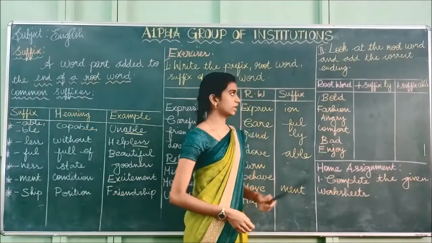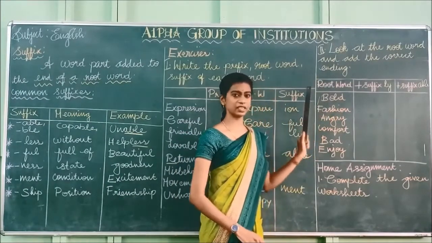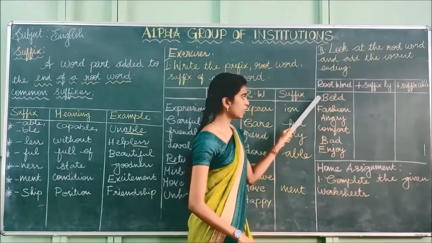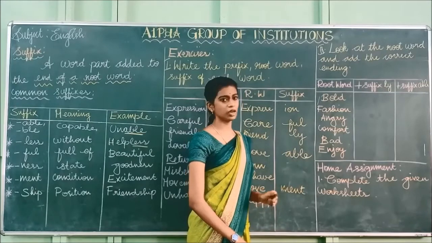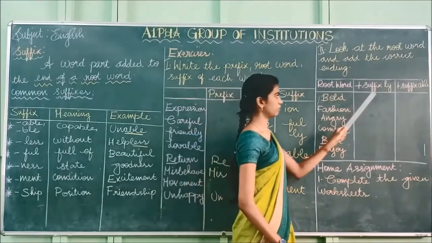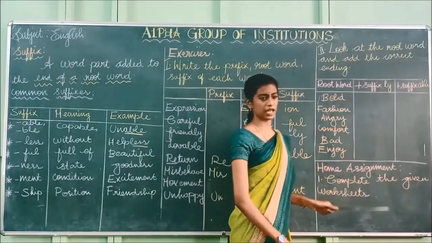The next one is: look at the root word and add the correct ending. I have written six root words for you. You have to write the correct ending for the root words, whether it has to end in ly or able.